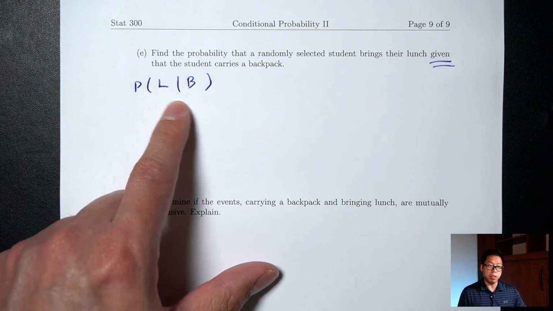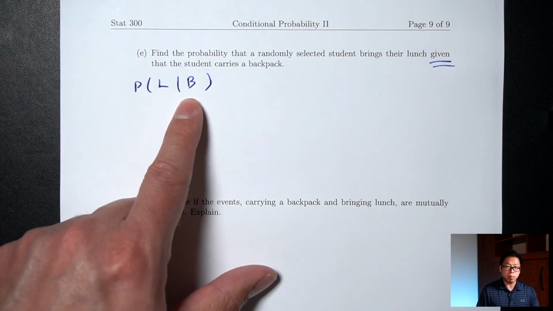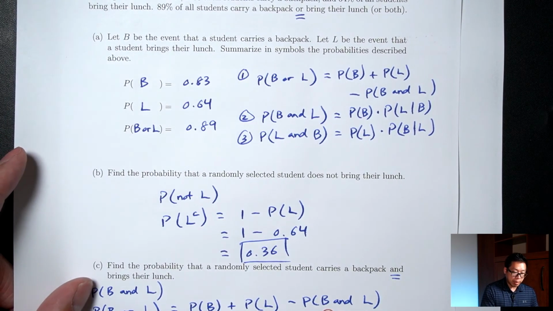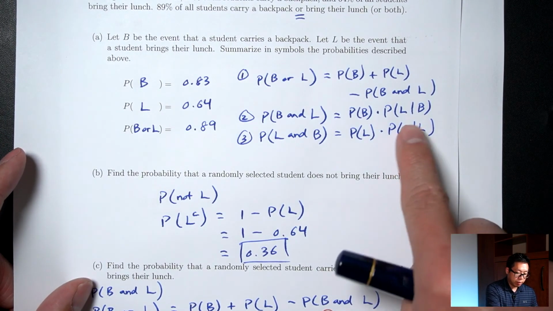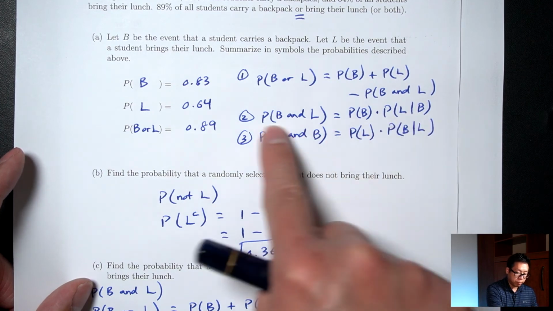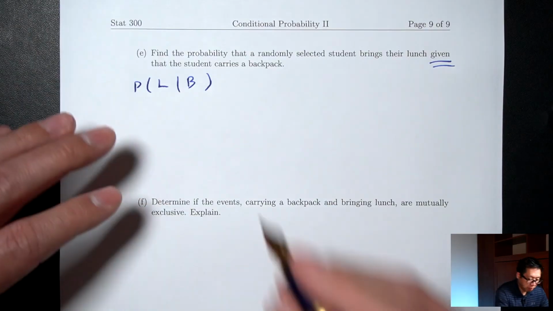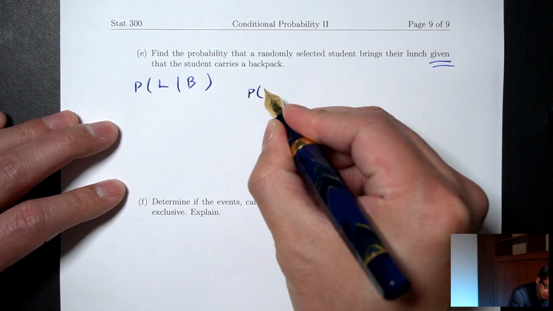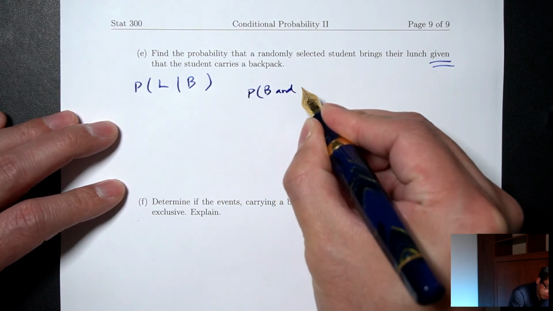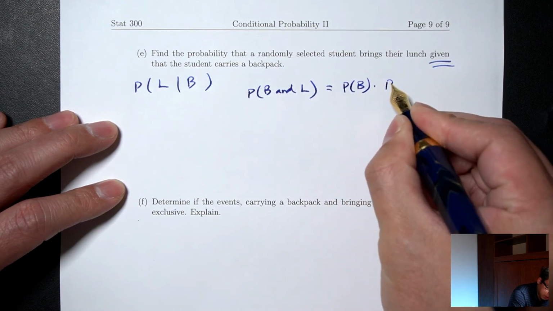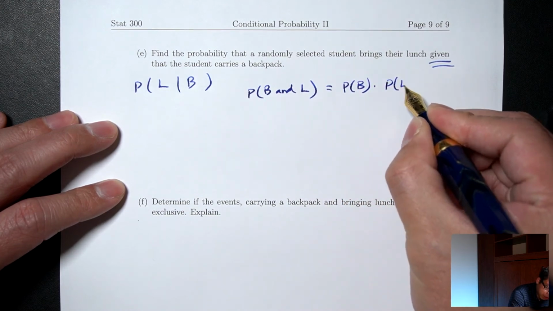Because with conditional probability, the order does matter. I see it right there, equation 2. Let me recopy equation 2: the probability of B and L equals the probability of B times the probability of L given B.